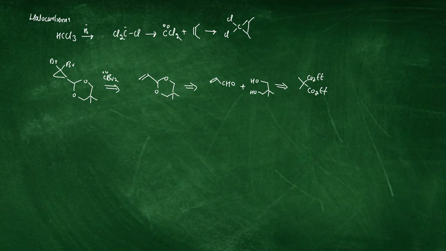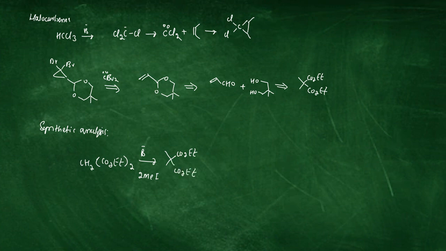So if we consider its synthetic analysis, take a start from this, treating it with a base and 2 molecules of methyl iodide, alkylation takes place, and we get this, which is reduced by lithium aluminum hydride, and we get species like this.